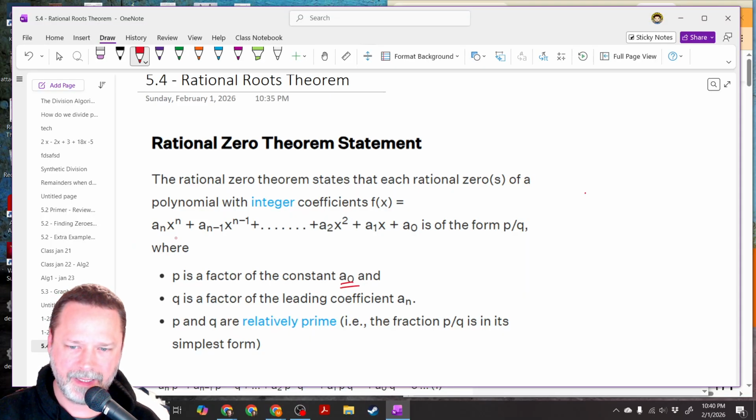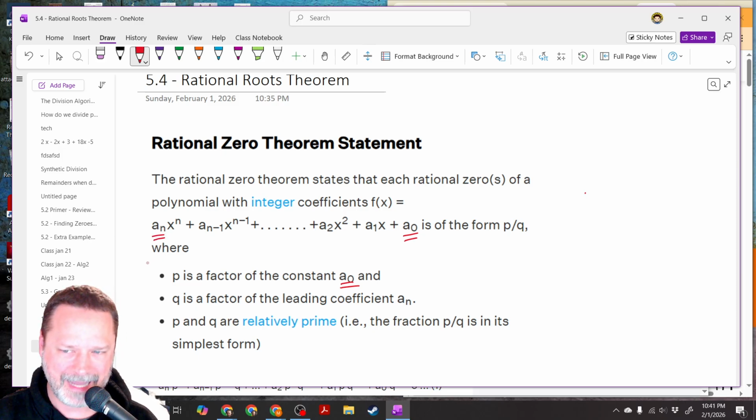So in other words, p divides this right here, and q is a factor of the leading coefficient a sub n. So q will divide that.